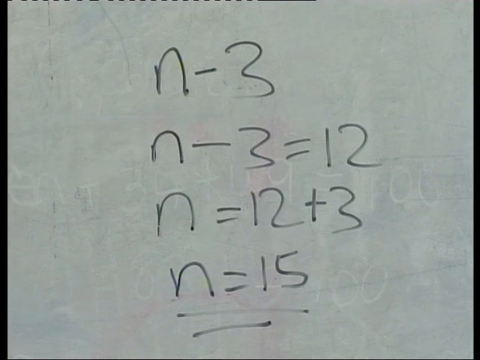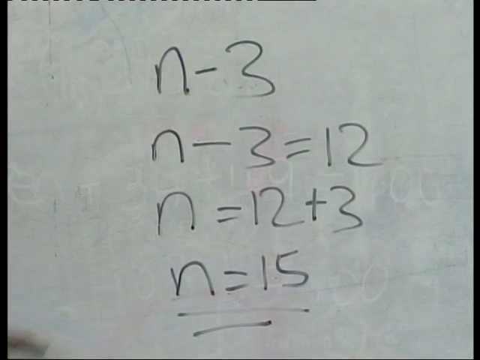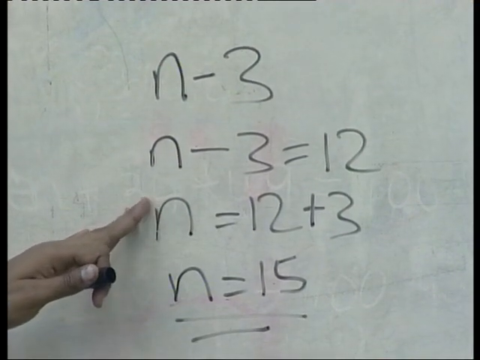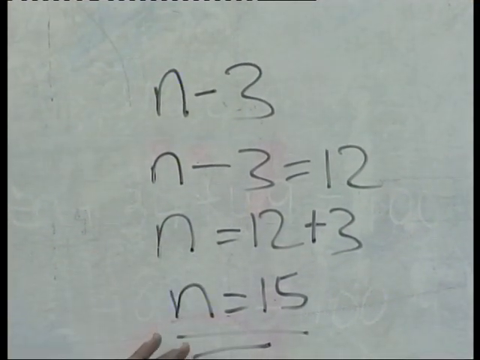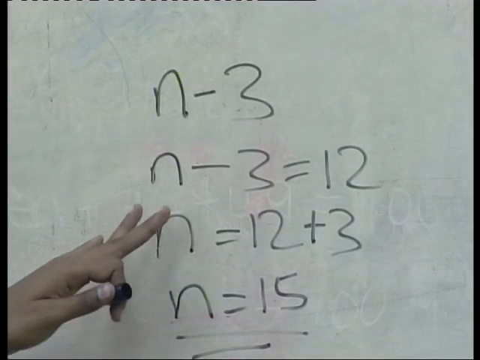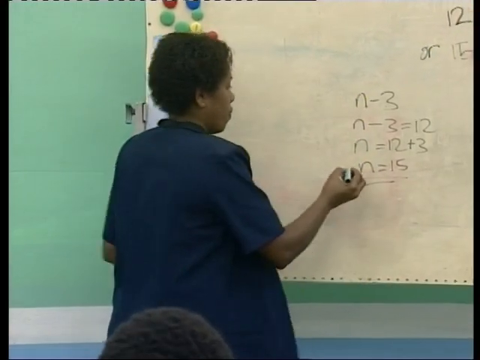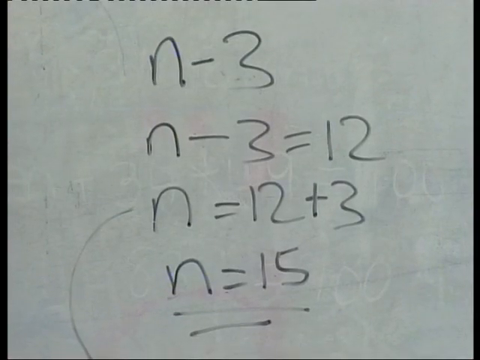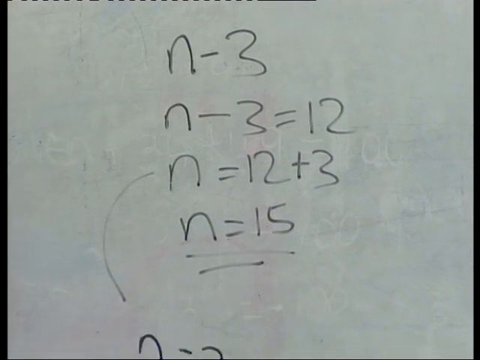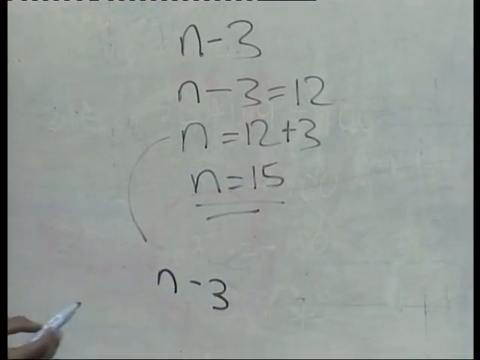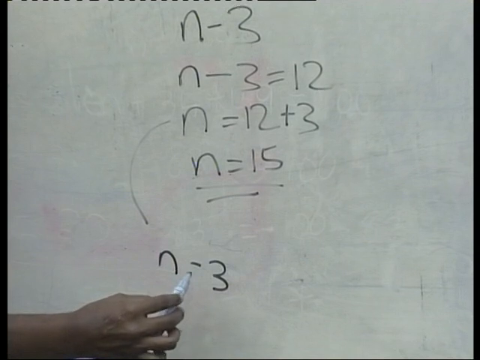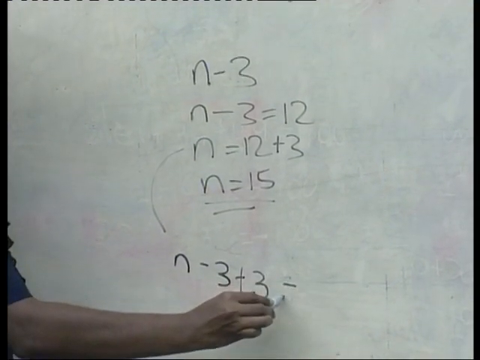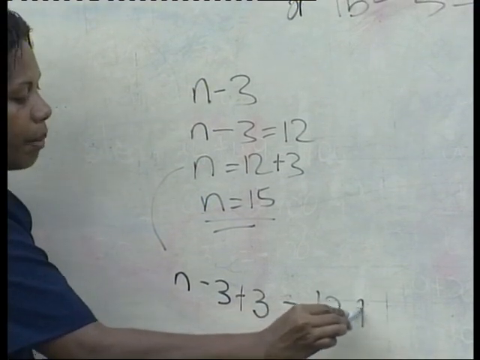Remember, this is correct, but don't forget, you must also show how you remove the 3. So n minus 3 plus 3 is equal to 12 plus 3.